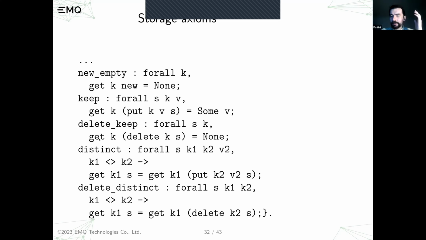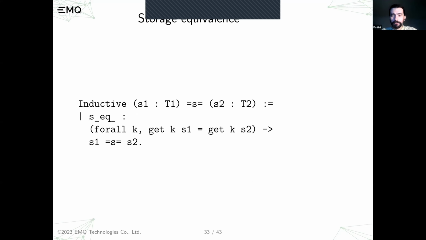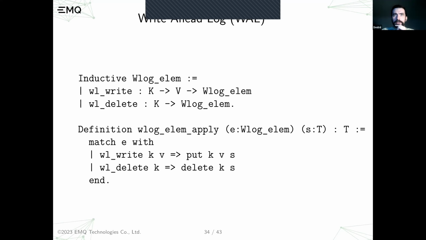That if you update one key, it does not affect other keys, etc. Turns out this fairly general definition is fairly useful. So we define properties like two key value storages are equivalent if we can read all keys and we always get the same result for each key.